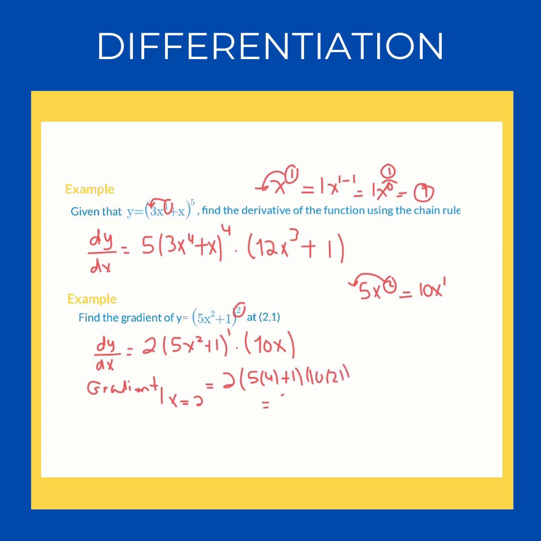That is equal to 2 times 5 times 4 is 20, and 20 plus 1 is 21, times 10 times 2 is 20. So I have 2 times 21 times 20. Using the calculator, 21 times 2 times 20 is 840.